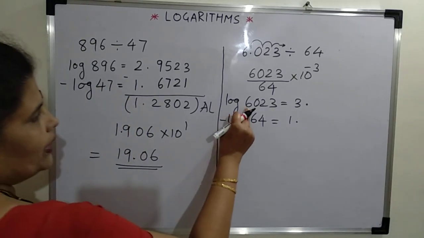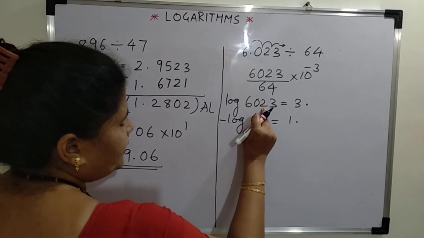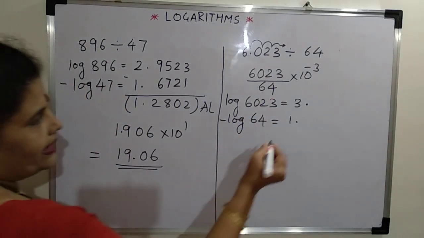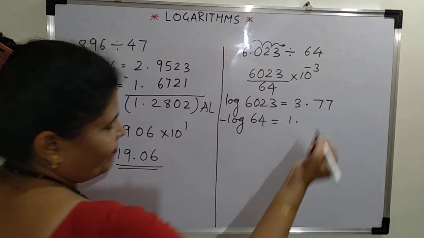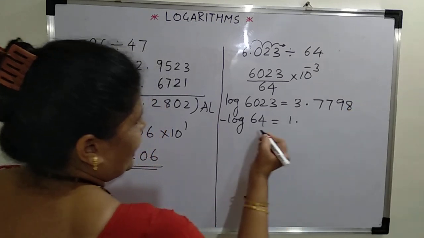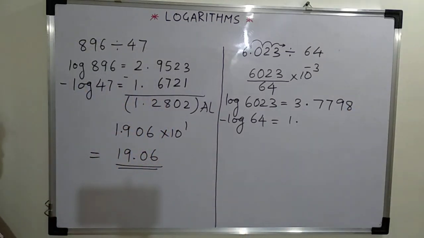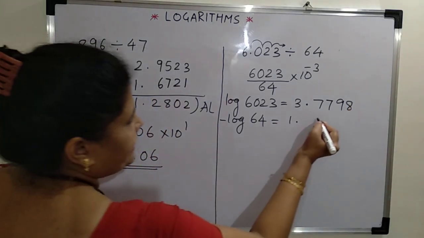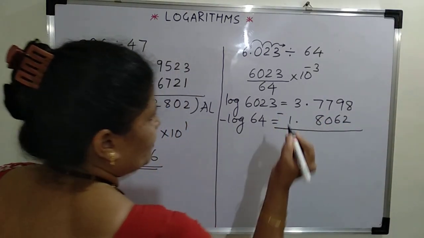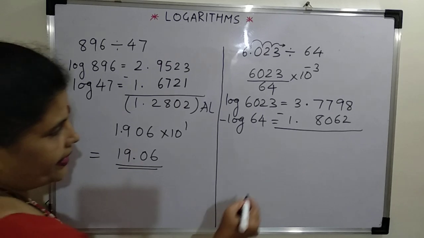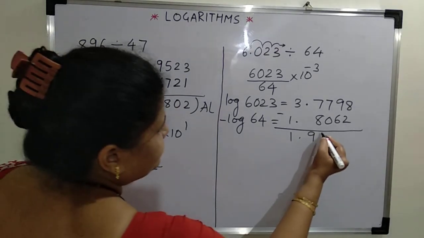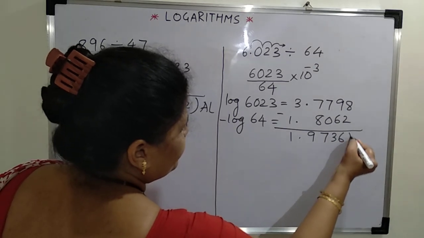So how will I go for the log? 60 under 2 and 3 mean difference, I will add. So this value will come to 7798. And this will be 64 under 0. So it is 8062. The difference will come out to 1.9736.